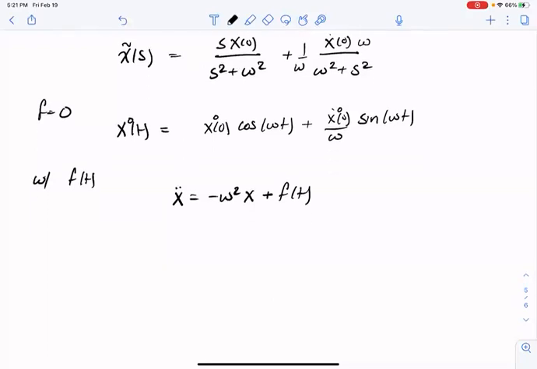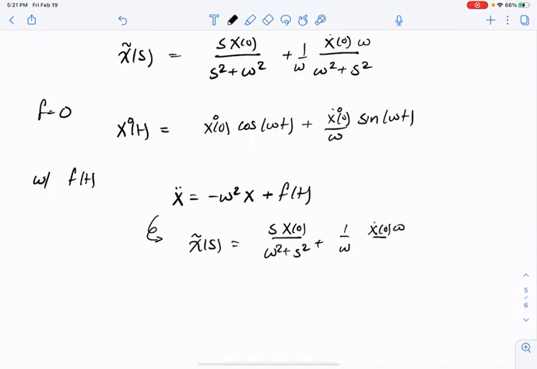Laplace transforming all of this, I would have gotten exactly the same thing as I did before. But in addition, I would have the Laplace transform of that force, like so.